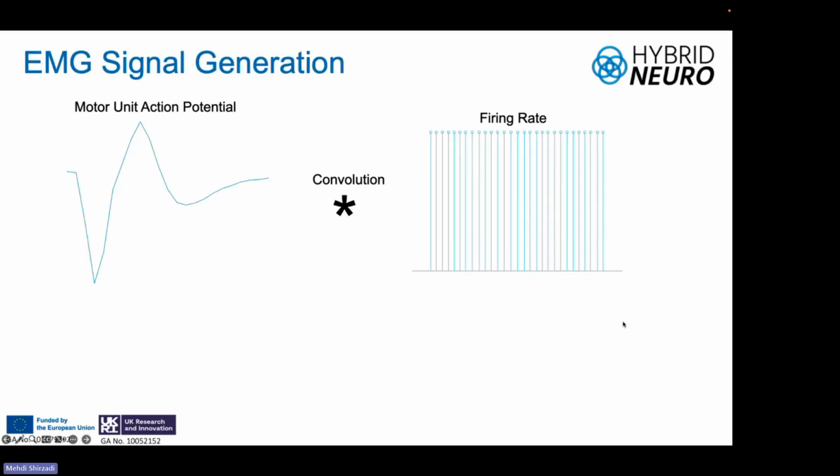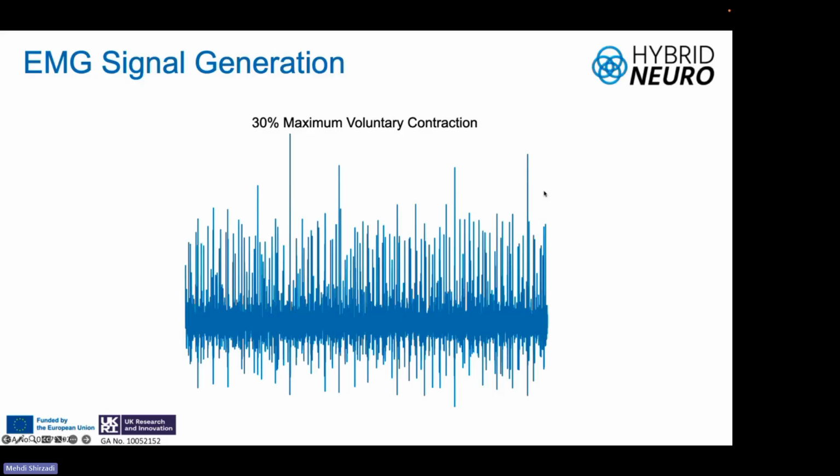For generation of the EMG signal, as I explained in the beginning, we have this convolutive model, where we use this generated motor unit action potential and convolve it with the firing rate, and finally have an EMG signal based on the percentage that we want. So, any questions?